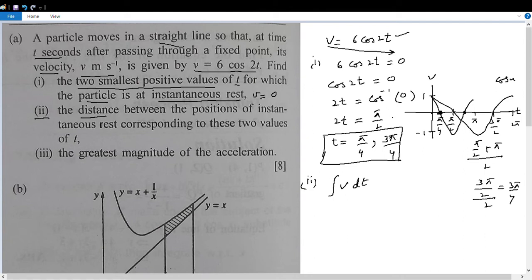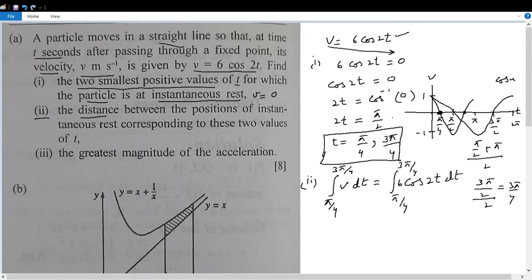The limits are pi over 4 and 3 pi over 4, so we have the integral from pi over 4 to 3 pi over 4 of 6 cos 2t dt.